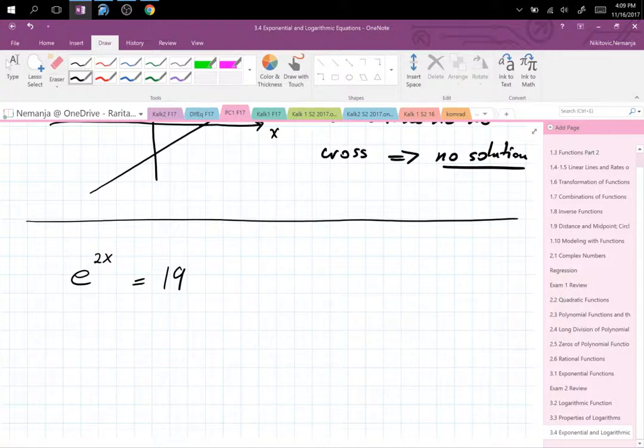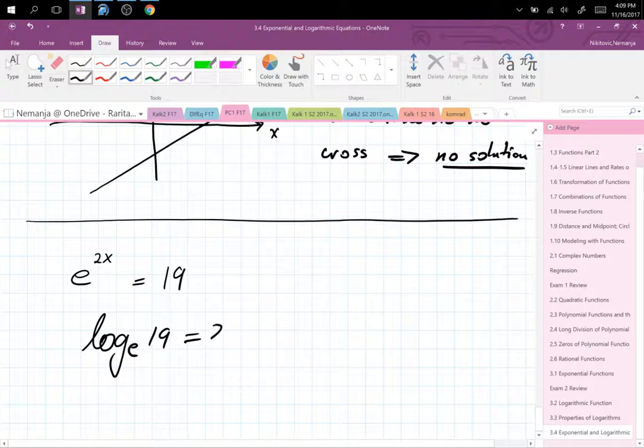What should I do? Convert. So what do I write? ln 19. So we convert it as log base e of 19 is 2x.